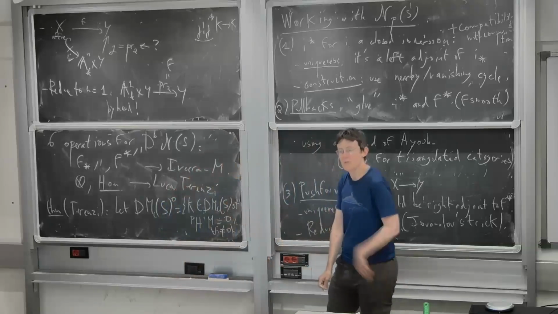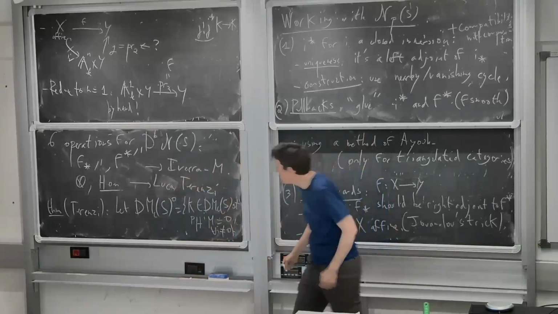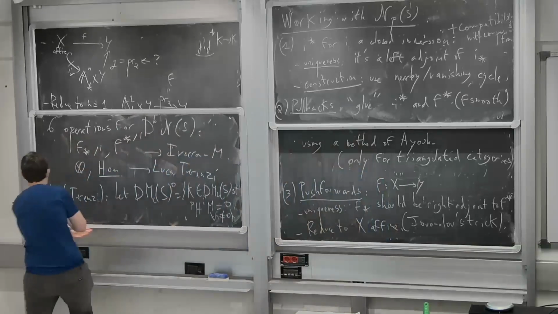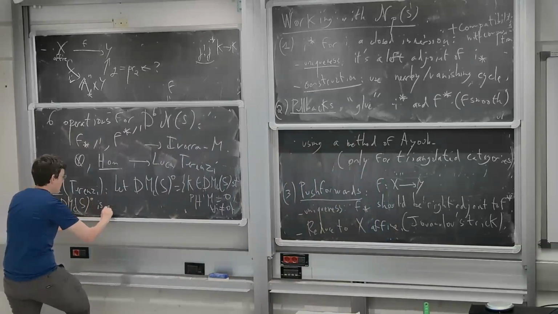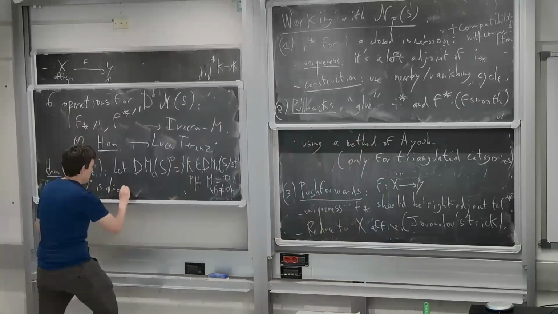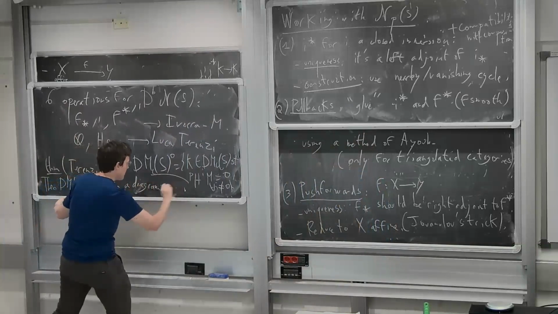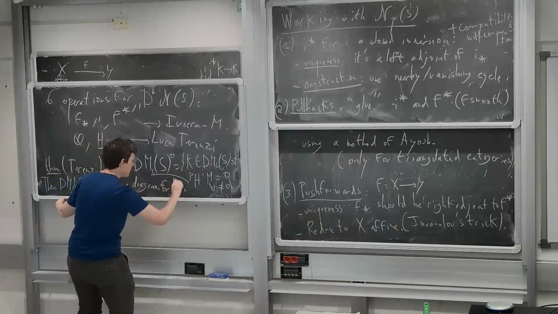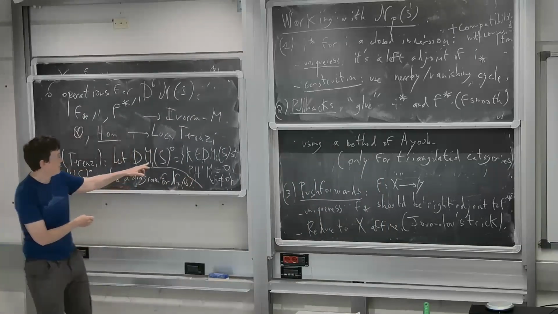Okay, so this is a little bit like what Nori uses, and this category is also a background for these Nori motives. So that means I can define Nori motives using this subcategory.